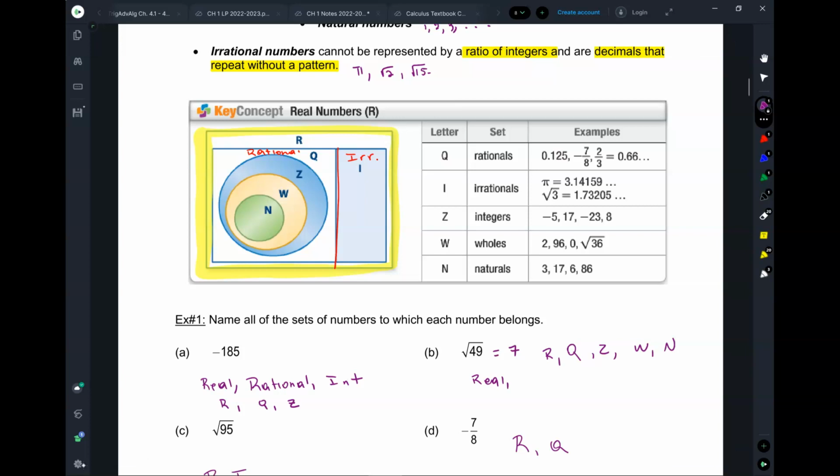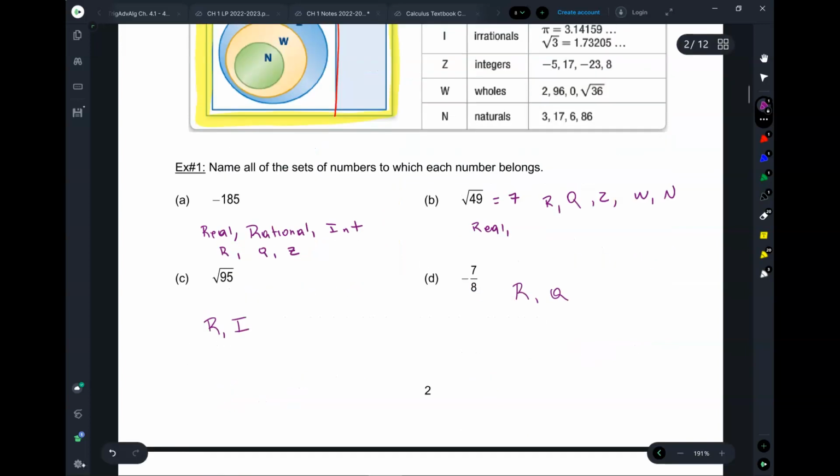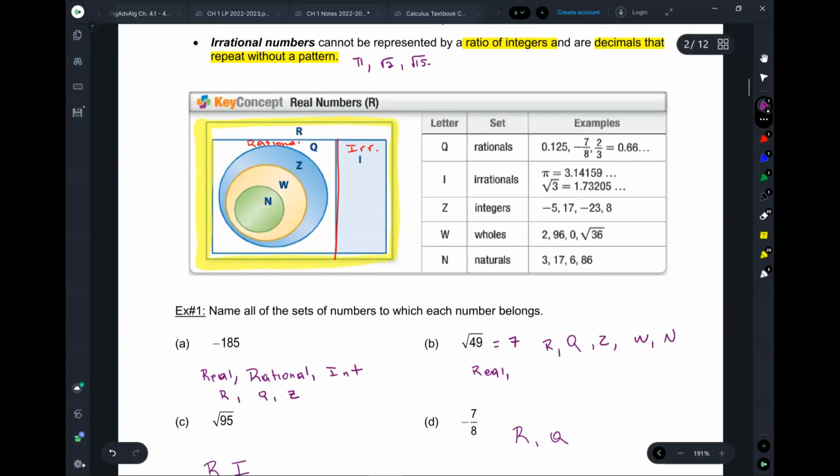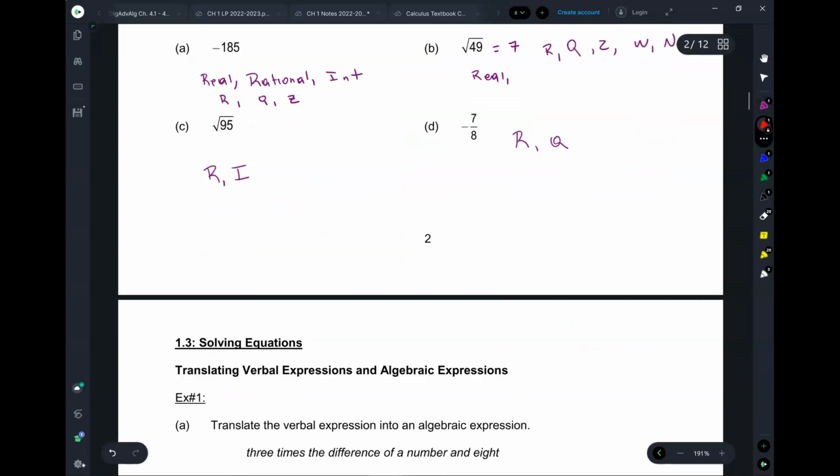Okay? So the irrational numbers, they're mostly going to be roots or constants like pi and stuff. So when you're classifying these, the first question should be, is it real?